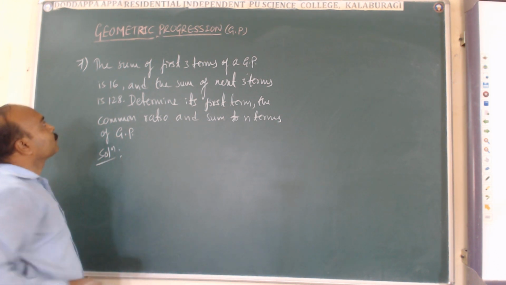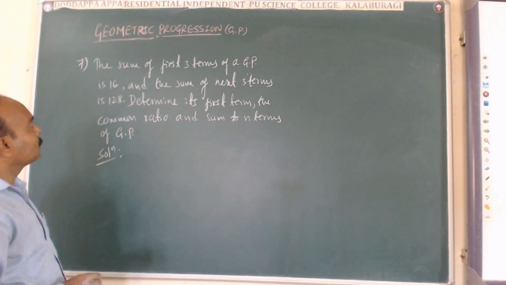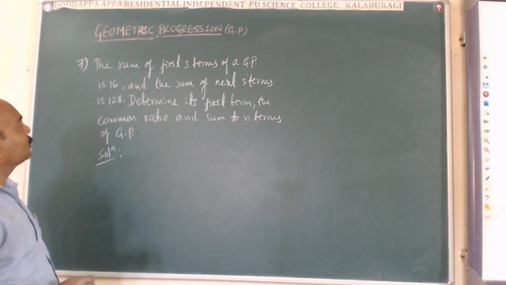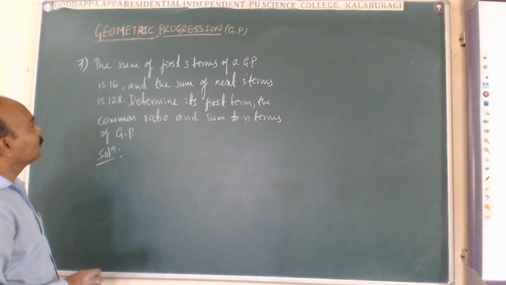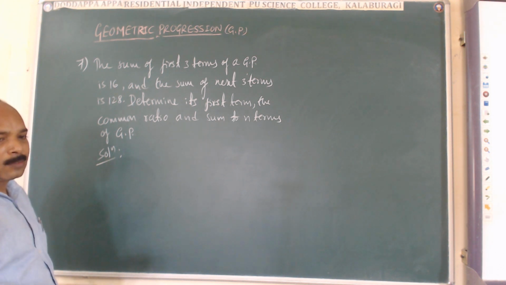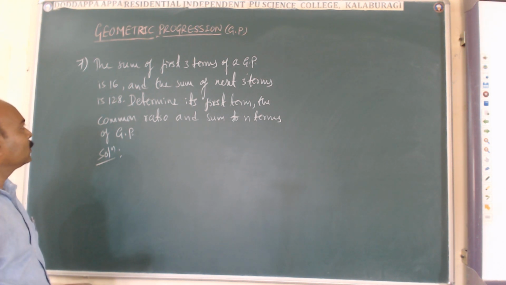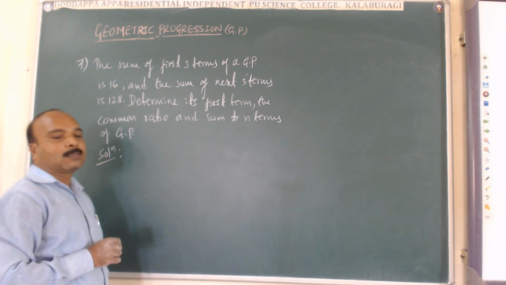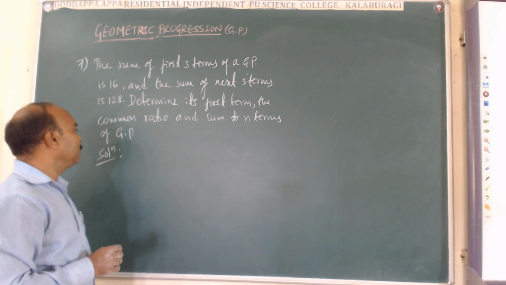Now here they have given that the sum of the first 3 terms of the GP is 16 and the sum of the next 3 terms is 128. Determine its first term and common ratio and also the sum to n terms of the GP.